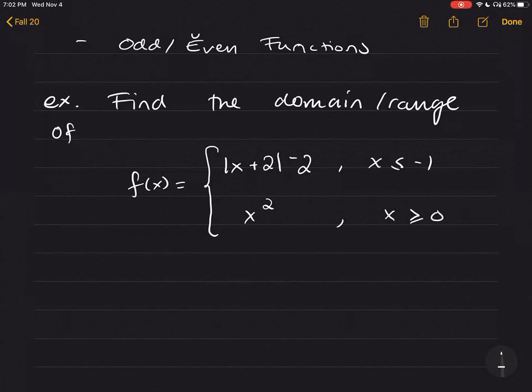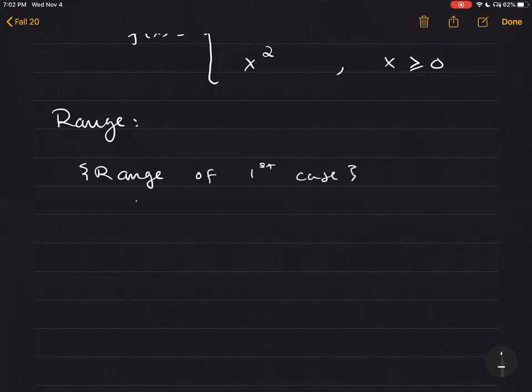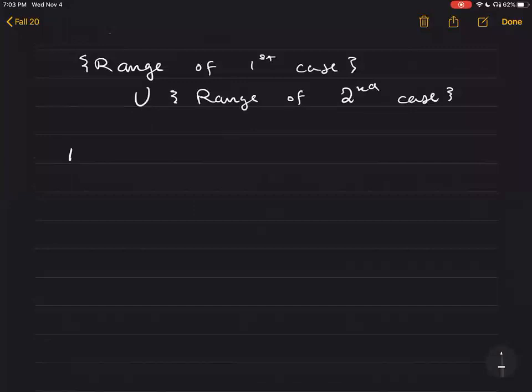All right, so let's do the range first. Remember, for the range, we can do the range of the first case unioned with the range of the second case. All right, so let's look at the first case first.